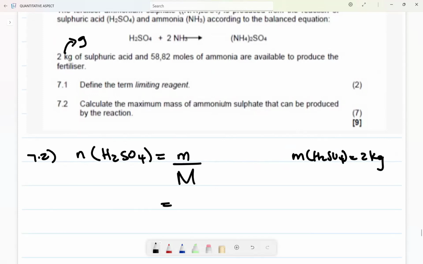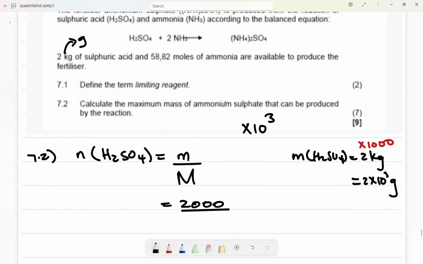If you do not know how to convert, every time you have a kilo, just remember a kilo is times 10 to the power of 3. So 2 kilo is the same as 2 times 10 to the power of 3 grams, which is multiplying by 1,000. You get 2,000 grams.